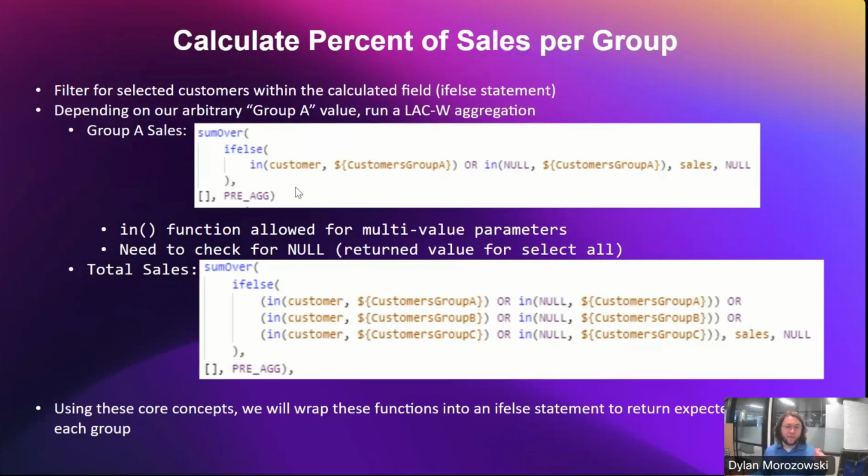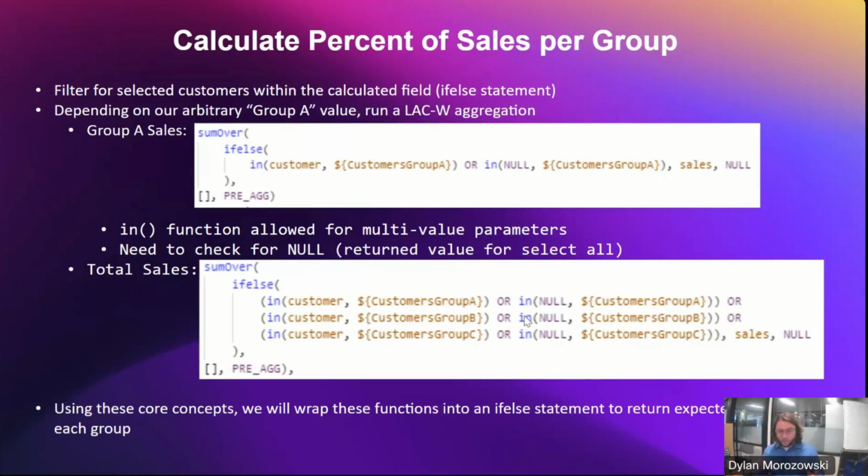So then this is for our numerator, right? If we're getting the percent for our selected group. So then if we want the value for the total selection, I'm going to be checking group A, B, and C all together here, and we'll manage them that way. So numerator, denominator.